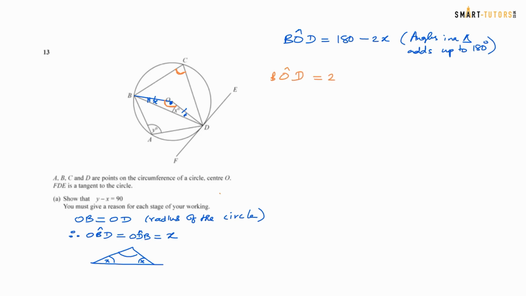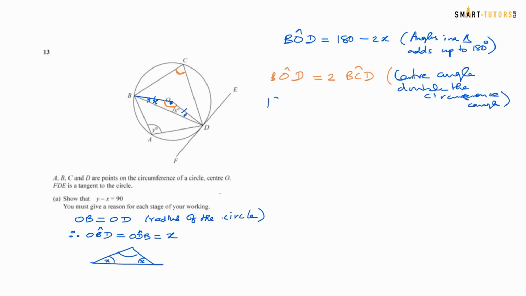So BOD equals 2 times BCD. The reason for that one is center angle is double the circumference angle.